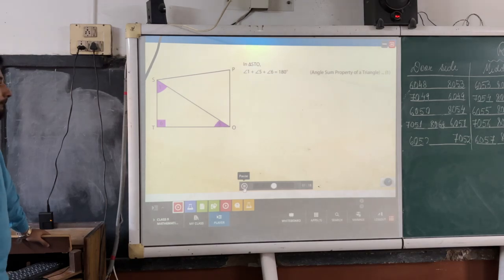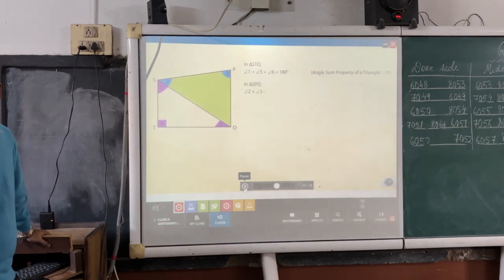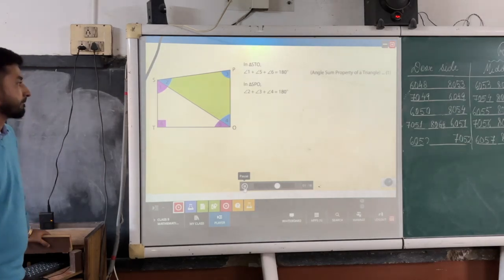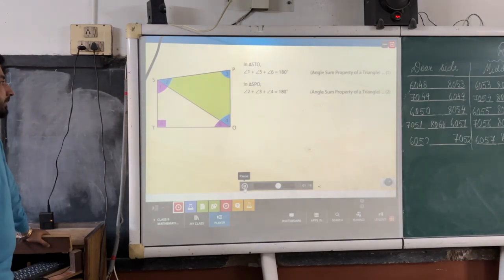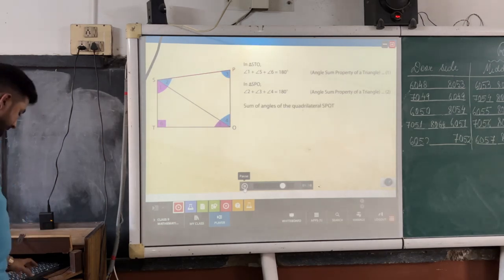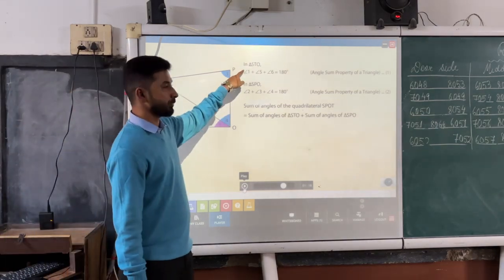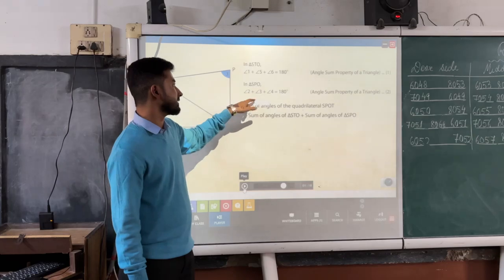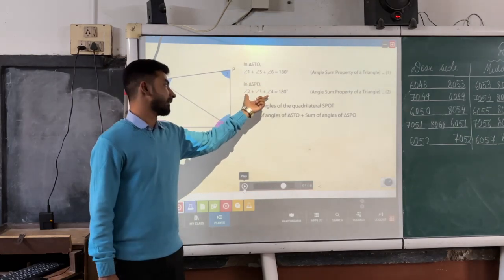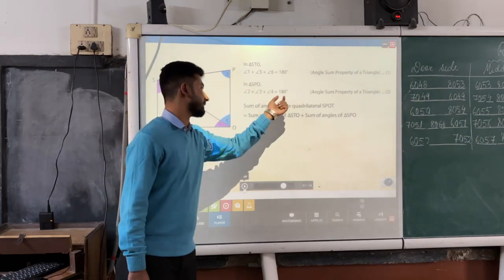Similarly, in triangle SPO, the sum of angles 2, 3 and 4 is equal to 180 degrees. Now we will add these two equations. How to add the equations? We will add the left hand side with the left hand side and the right hand side with the right hand side.